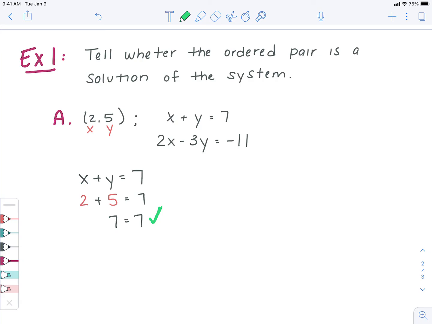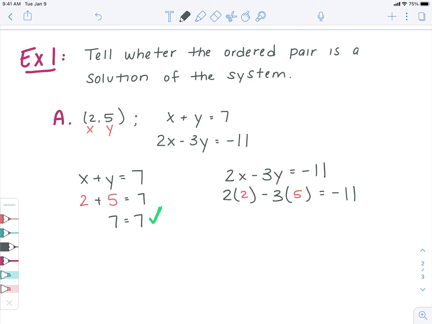So now I'm going to take my 2x minus 3y equals negative 11, and plug in 2 and 5 for my x and y. So I'm going to end up with 2 times 2, minus 3 times 5, since instead of y I have a 5, equals negative 11.